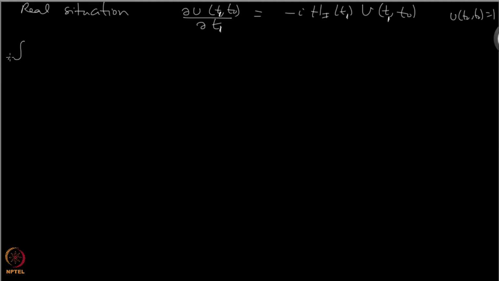So I do this integral from t0 to t dt1 del u over del t1, okay, and this gives me, maybe I can write it to the right side.